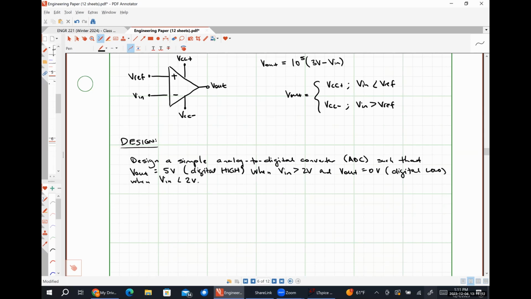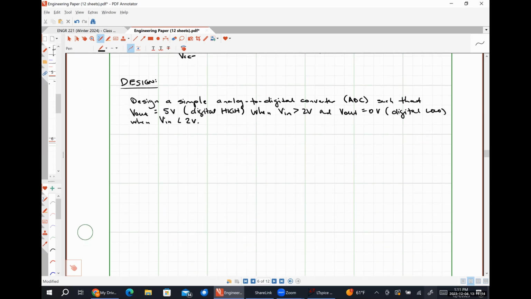All right. So for a non-inverting comparator, we apply our input voltage to the non-inverting input, right? By the way, our output is always measured here at the output.